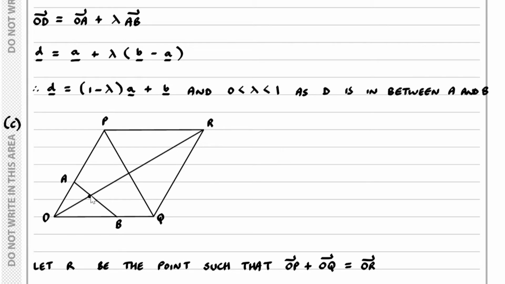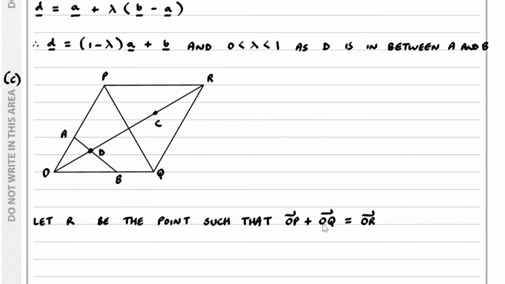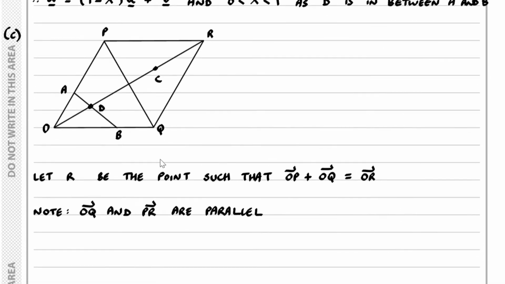So we've got this point D, we've got this point C somewhere, I don't know where C is for now, and then I've got this point R. Now, the vector OQ is parallel to PR. So these are parallel.